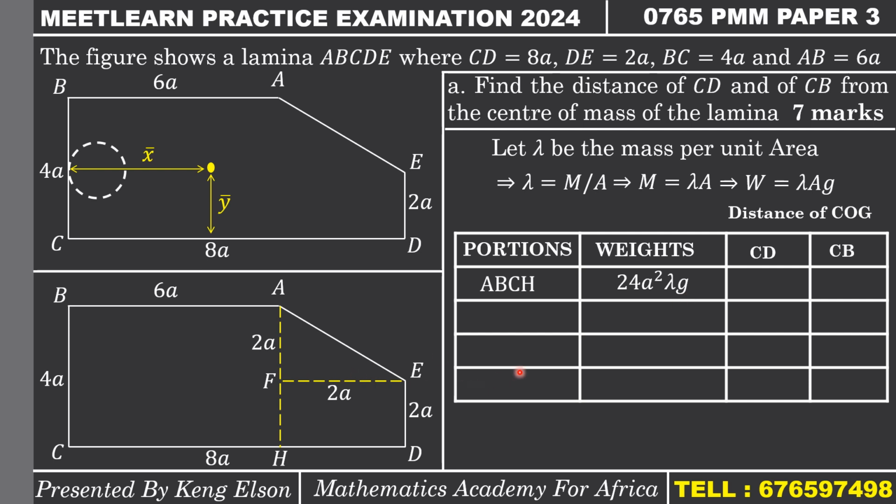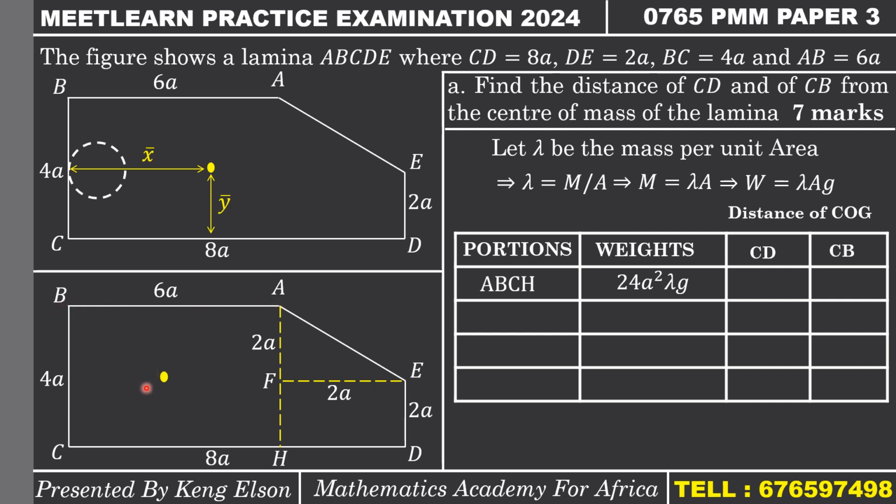Now, what is the distance of the center of mass of the portion we have considered from CB and from CD? Okay, so first of all, we need to locate its position of center of mass before we find the distance. Since it is a figure that has a center, then the center of mass will be at that center. If I go from the center to CB, it is gotten by taking the length divided by 2.